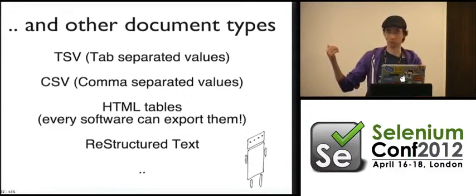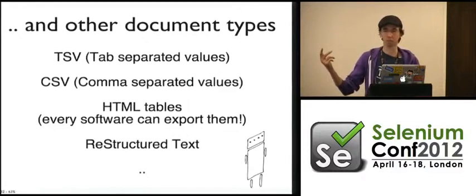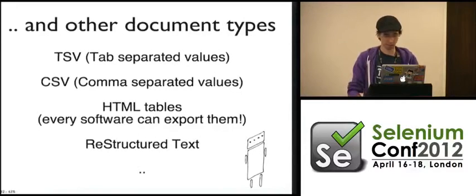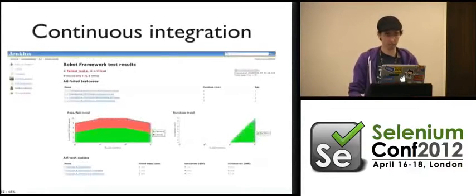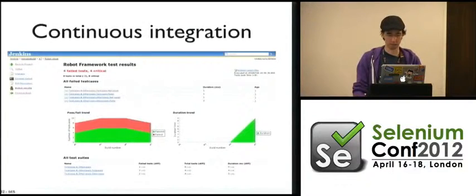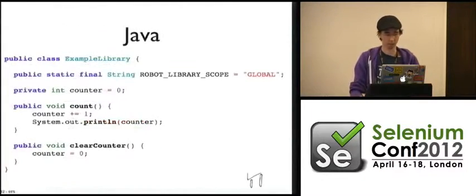It supports out-of-the-box tab-separated and comma-separated values, so you can just export your test cases from anywhere you like. It supports HTML tables because that's a very common data format, and reStructuredText. That's a documentation thing in the Python world. There's a Jenkins plugin that's really useful and draws graphs of how your tests perform.